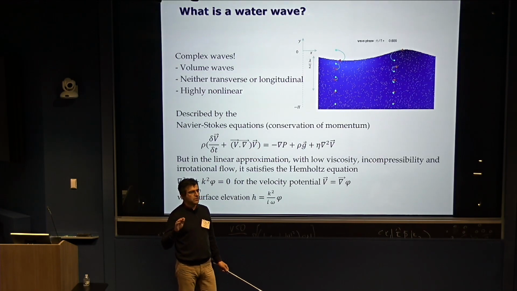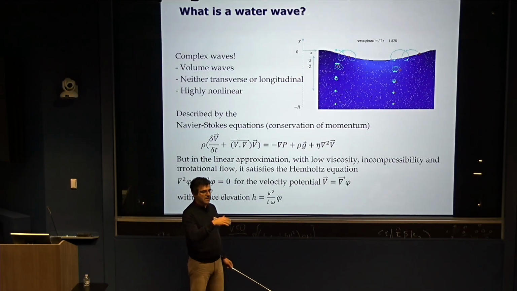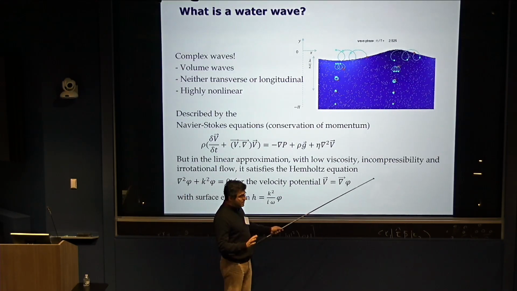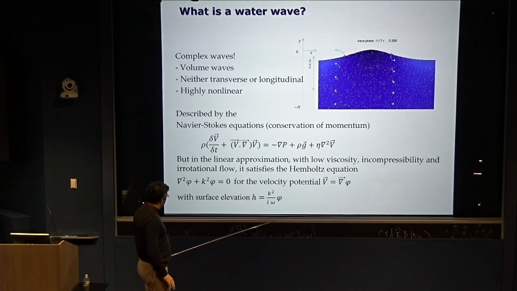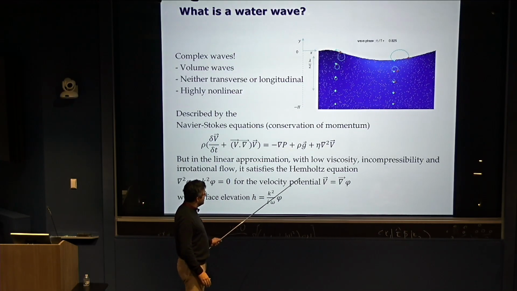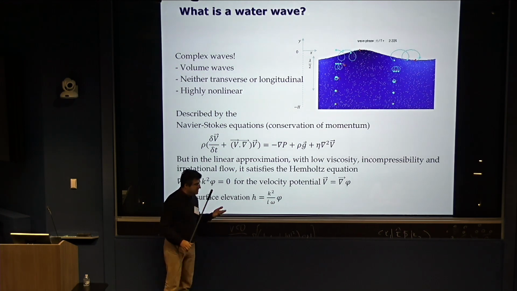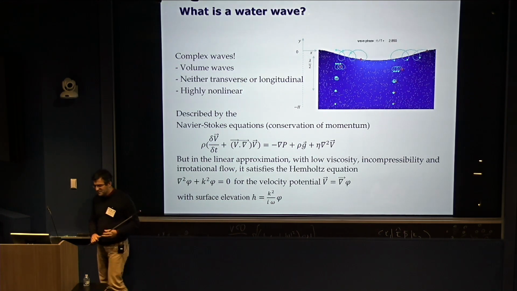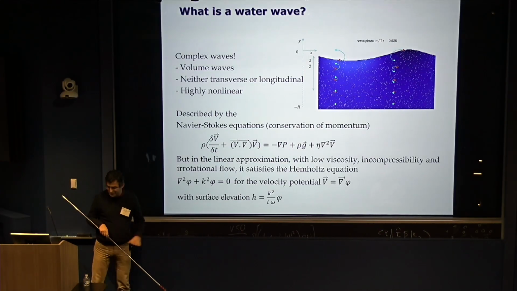Within a few wavelengths, the water is already absorbed. You assume incompressibility, which is pretty OK, and irrotational flow. And then at the end, you get an equation that you know, that is nice and that you can play with. And for us, at least for me, this is all we need.